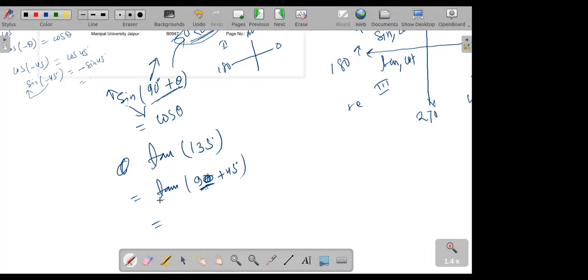So tan will be converted to cot as per the rule, and this angle, 90 plus 45, is in the second quadrant. In the second quadrant we know only sine and cosec remain positive. That means this will be negative with the same angle.